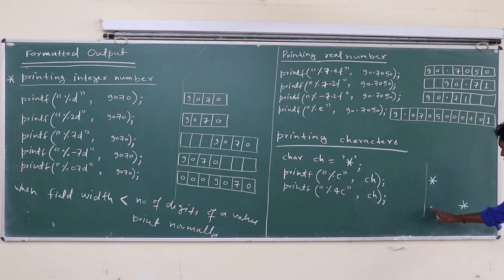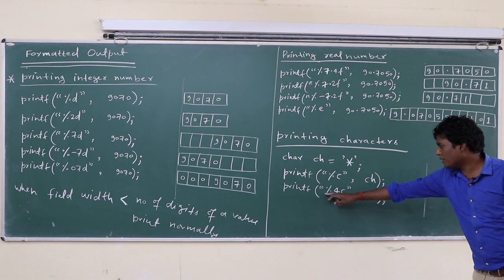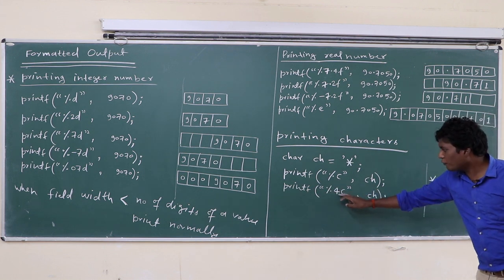Okay, so this is place 1, this is place 2, this is place 3, and this is the 4th place. So it takes space: there are 3 spaces, and it prints this ch at the 4th place.